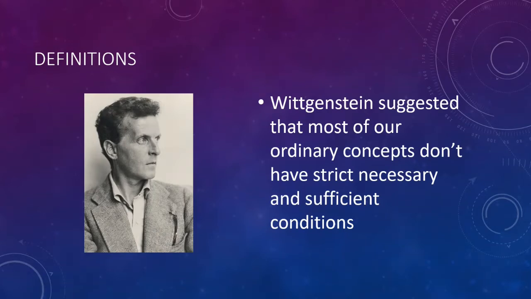But in any natural language, at least Wittgenstein claims, our concepts just don't have necessary and sufficient conditions. If we're thinking of a definition as drawing a circle around a category, most of our concepts just don't draw a crisp, clean circle. They've got fuzzy boundaries. They've got unclear boundaries.